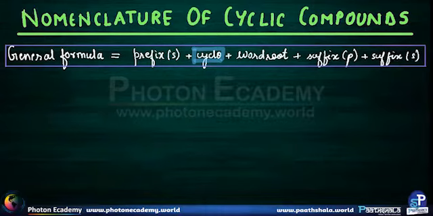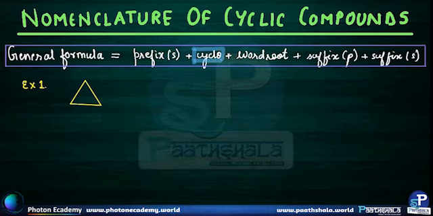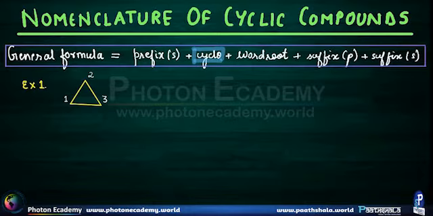So, our first example is this. We'll do exactly the same thing. First, we'll number our chain. So, the correct numbering will be this. After numbering the chain, we can see that the correct word root for this compound is prop.